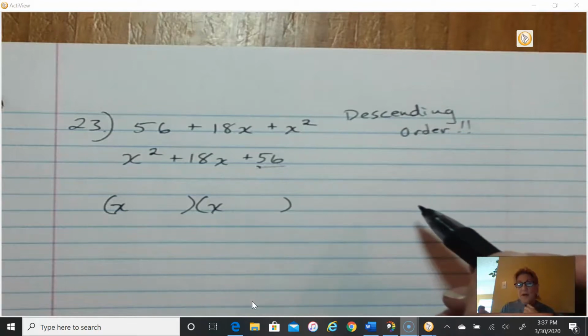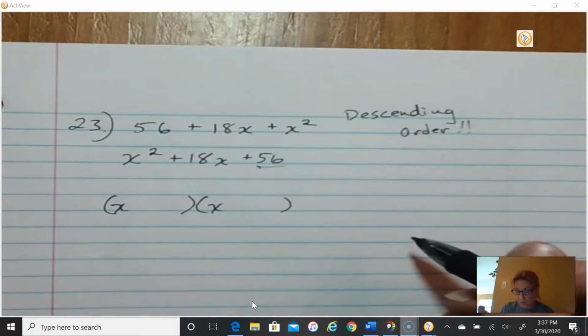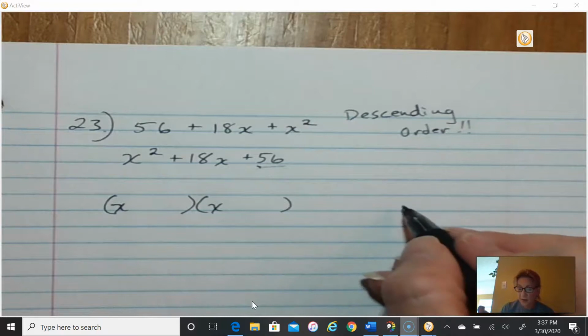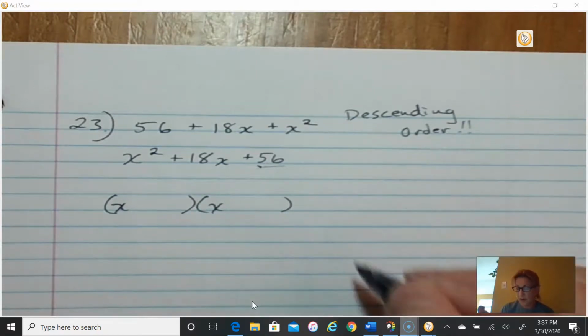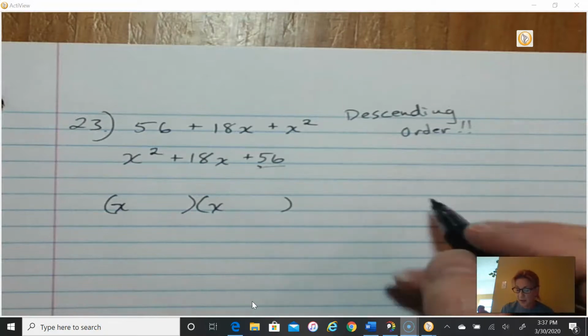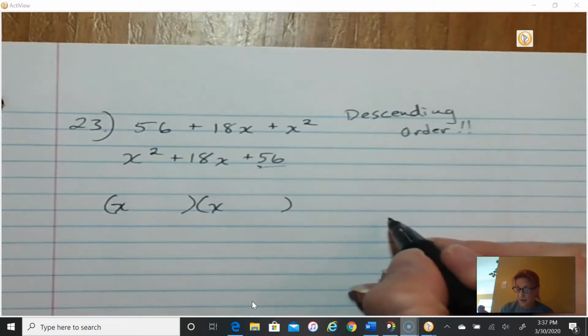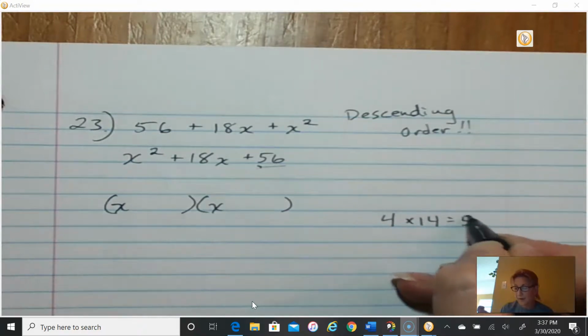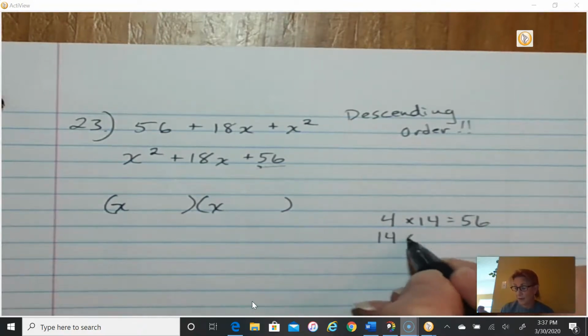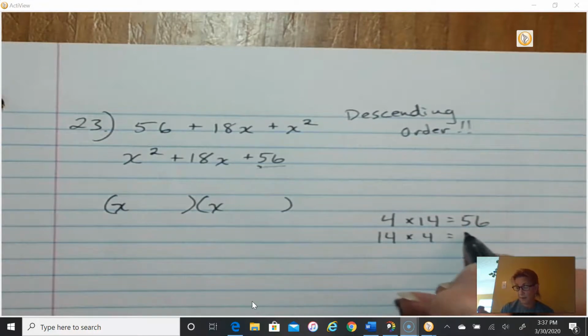Okay, so I'm going to cut this short because of time. So if you did all your pairs multiplied, you will see that 4 times 14 is 56, or even 14 times 4 is 56.